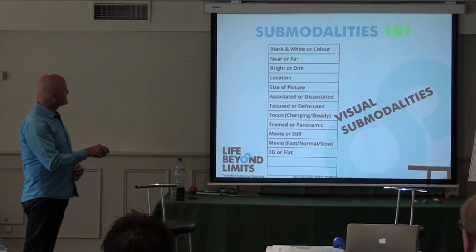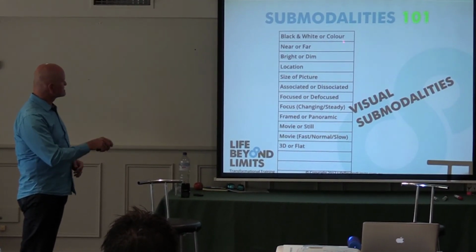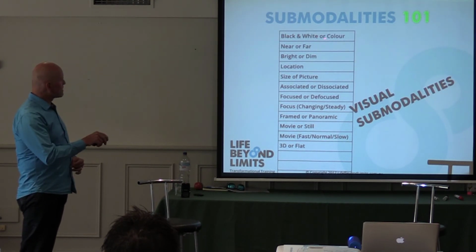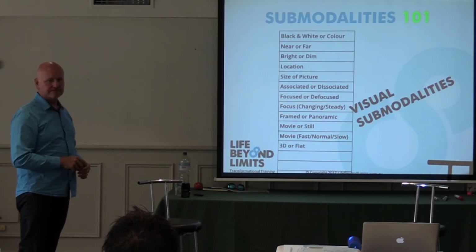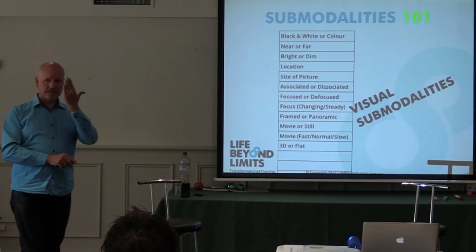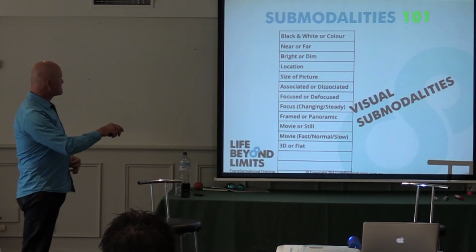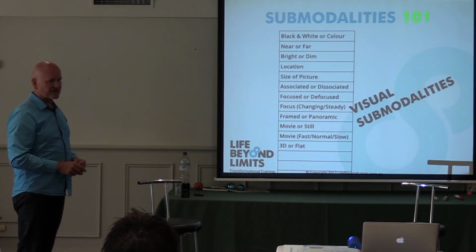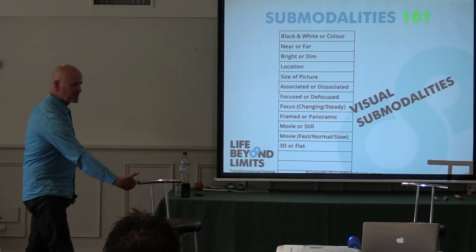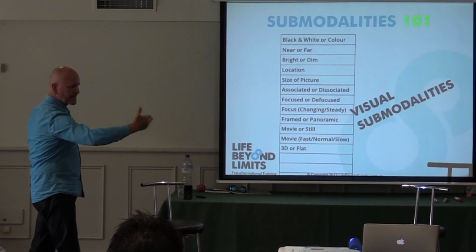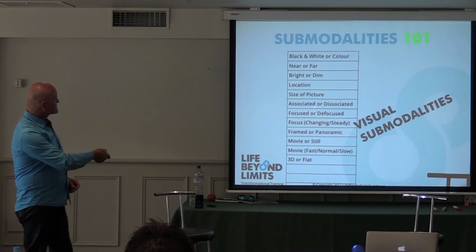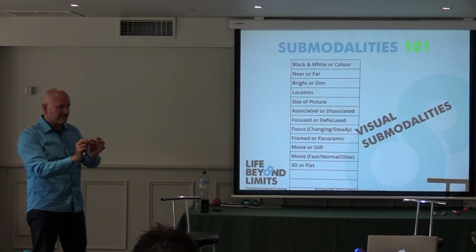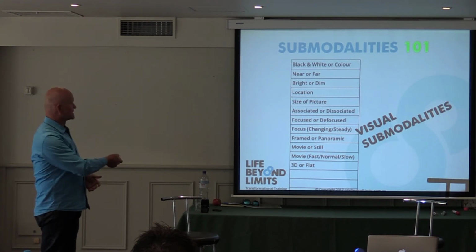You're looking at the descriptions of a picture. The picture can be black and white or colour, it can even be sepia tone. It can be near or far away, it can be bright or dim, it can have a specific location. It could be there, or there, or there. The size of the picture can be big, can be tiny, it can have a shape to it.